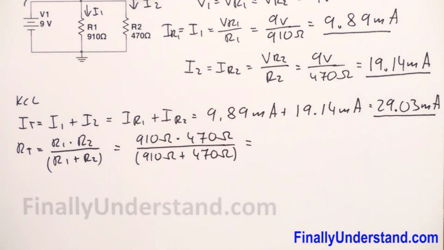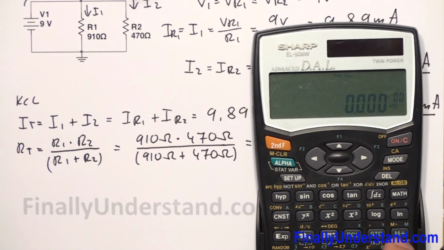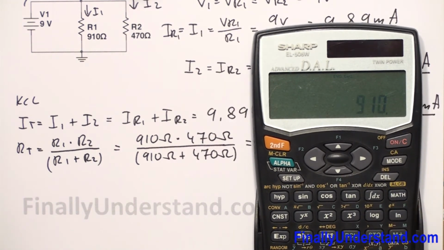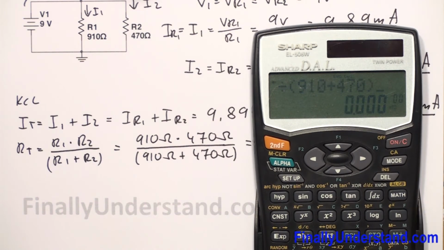On the calculator, 910 times 470, divided by open parenthesis 910 plus 470 close parenthesis.